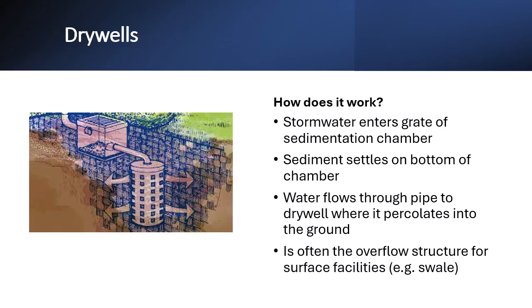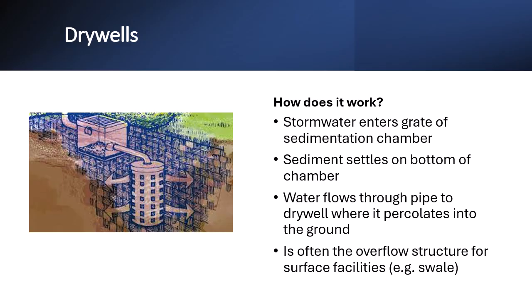Drywells are the most common underground stormwater facility in Spokane County. Drywells are large, subsurface, cylindrical concrete structures with slotted walls. Water from the surface is routed into the hollow cylinder and infiltrates into the ground through the slots as shown in this diagram.